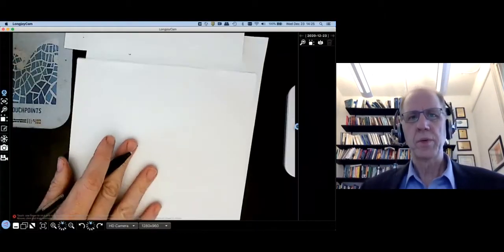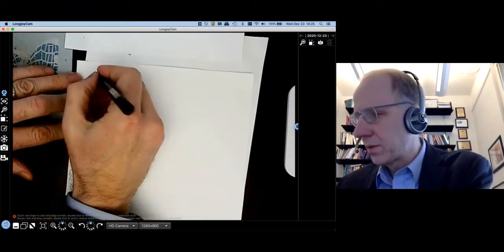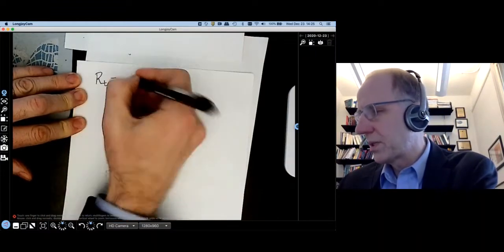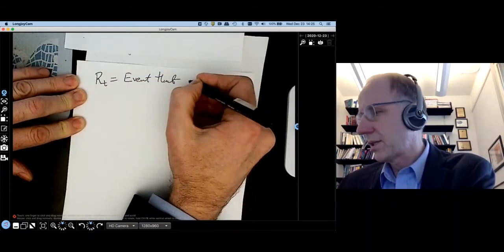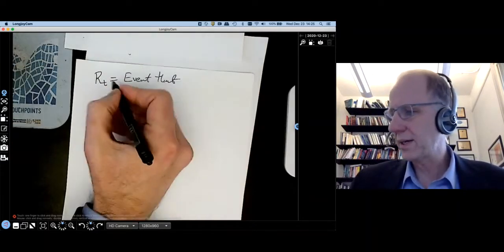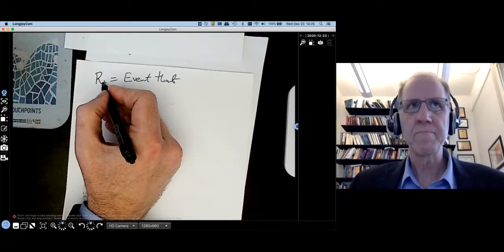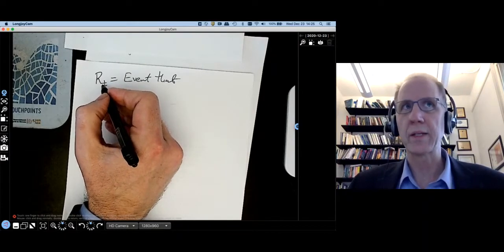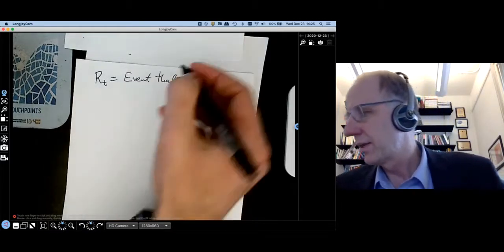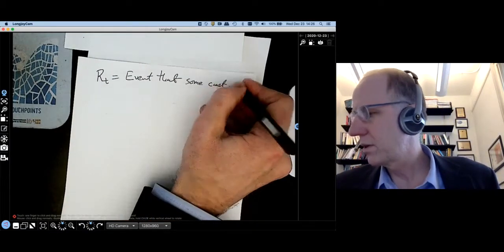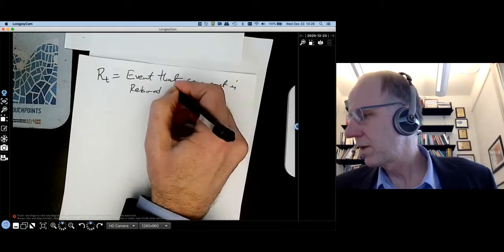So let me start out with a little bit of notation. As before, R sub t is the event that some customer is retained in period t. I could put customer i in here, but to keep our notation simple, let's forget the i for now.